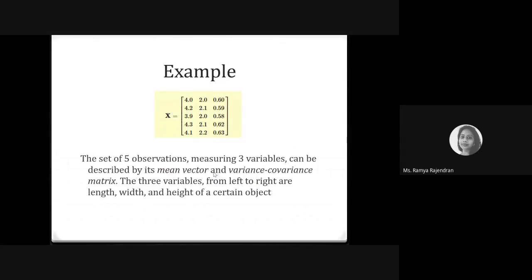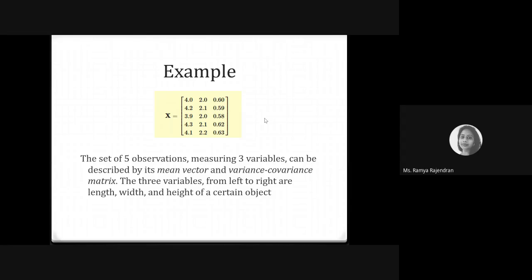So we have a small example here. We have a set of 5 different observations of 3 different variables: this is the length value, this is the width value, and this is the height value. So we have three different variables from five different observations. We have to calculate the mean vector and the variance and covariance matrix.